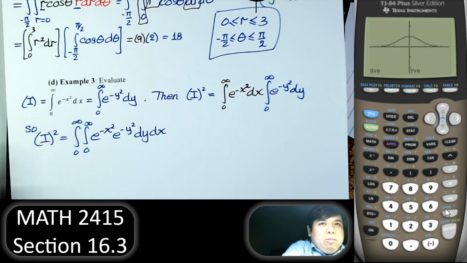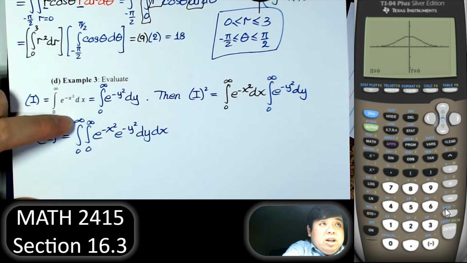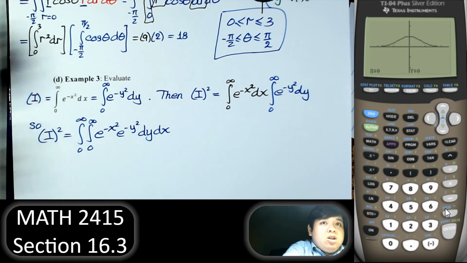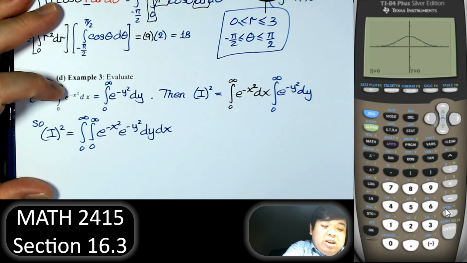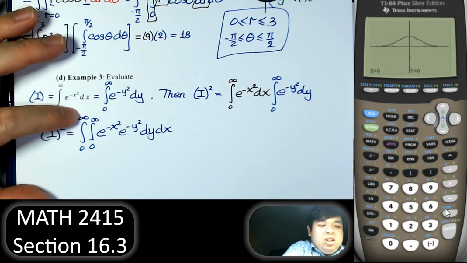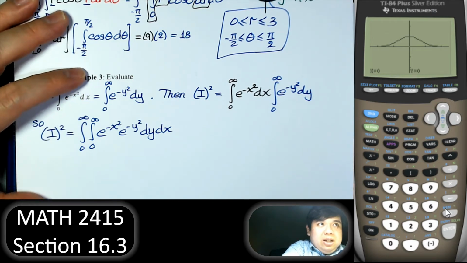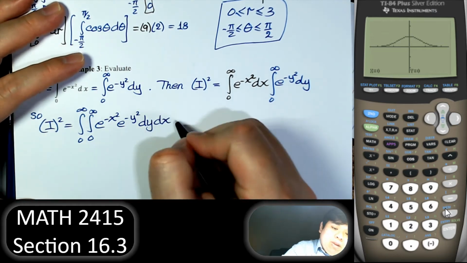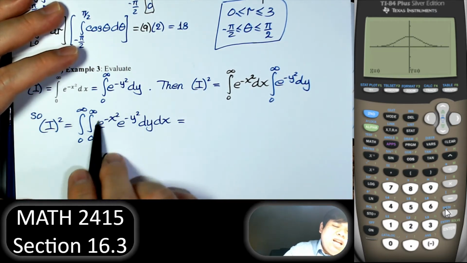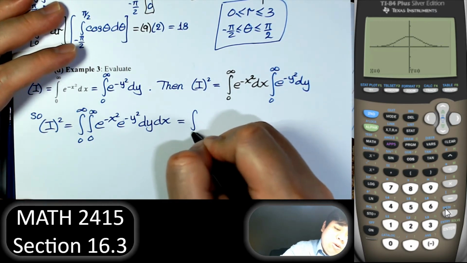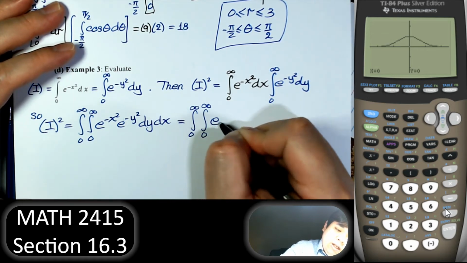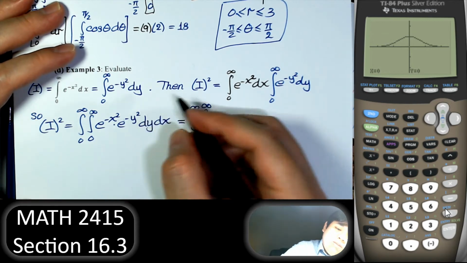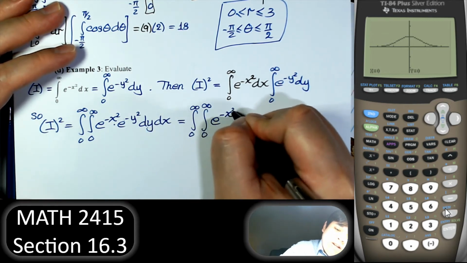At this point I'm overlooking the improper integral. Just focus on the mechanics of it, the notation with the infinity. We'll worry about that in a minute. Next, let's simplify this function. When we multiply, we add the exponents, so we just have this.